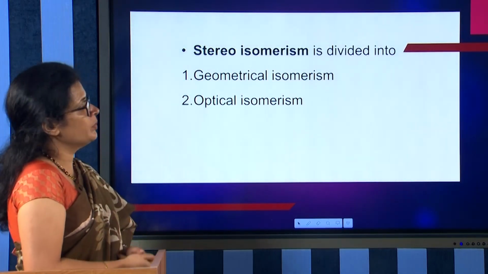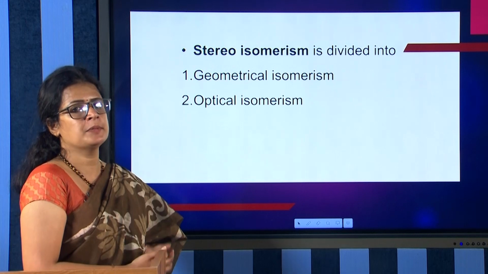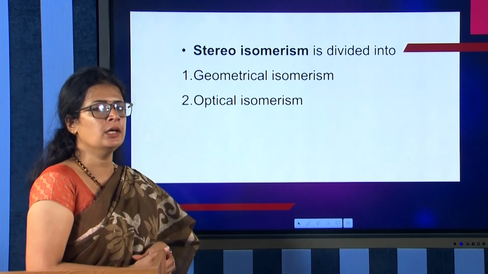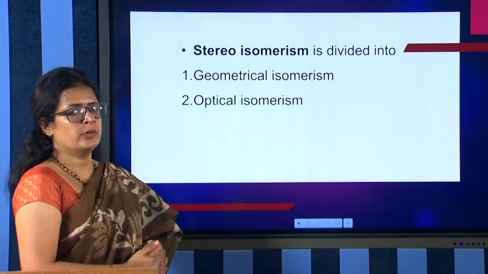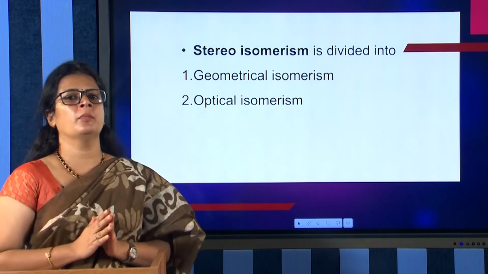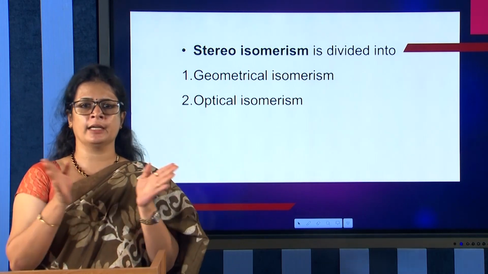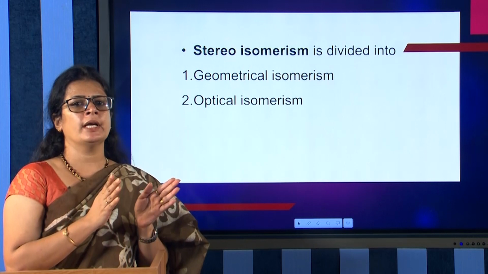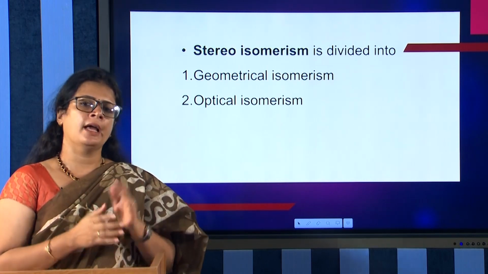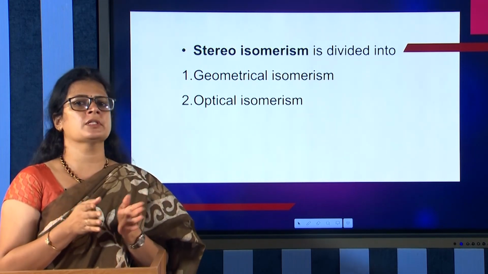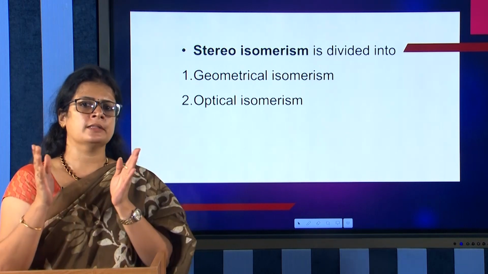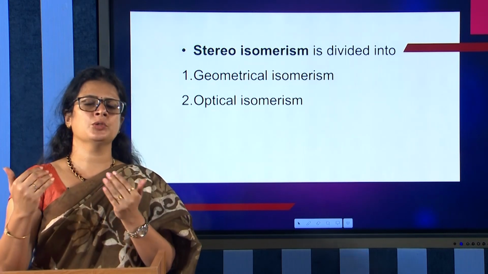And stereoisomerism is further divided into two types, that is geometrical isomerism and optical isomerism. So, isomerism in coordination compounds is broadly classified into structural isomerism and stereoisomerism, with different classes of structural isomerism, and stereoisomerism further divided into two types.